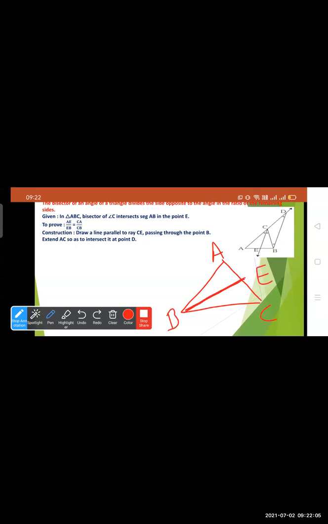For this, we write AE by EC is equal to AB by BC. So in this way, this is the property of the angle bisector. Now, here we draw the construction.